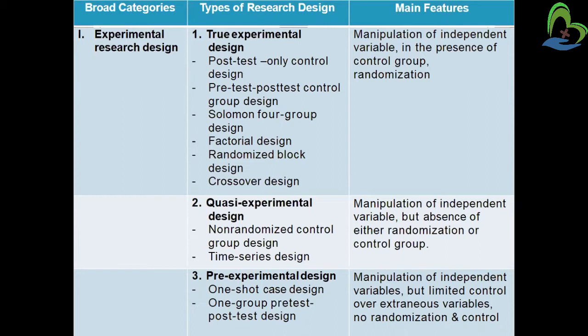But in a post-test only control design, neither group is pre-tested before the implementation of the treatment on the experimental group. While the treatment is implemented on the experimental group, only post-test observation is carried out.